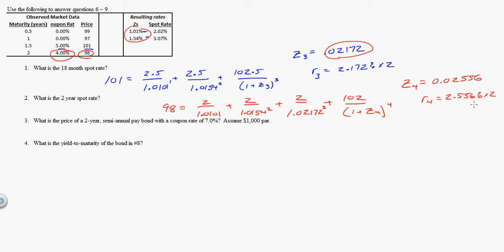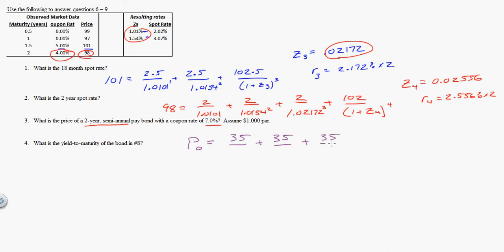So, of course, R4 is 2.556% times 2. Okay, what's the price of a 2-year semi-annual pay bond with a 7% coupon? Let's try that in just a different color here. The price of any financial asset is the present value of the future expected cash flows.